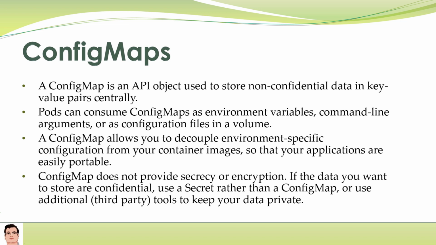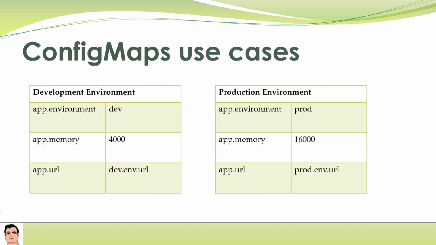You can use Terraform-related things. There are several secrets services provided by the several cloud providers, and you can use them. So those tools will keep your data private. So this is something you can consider as a use case.